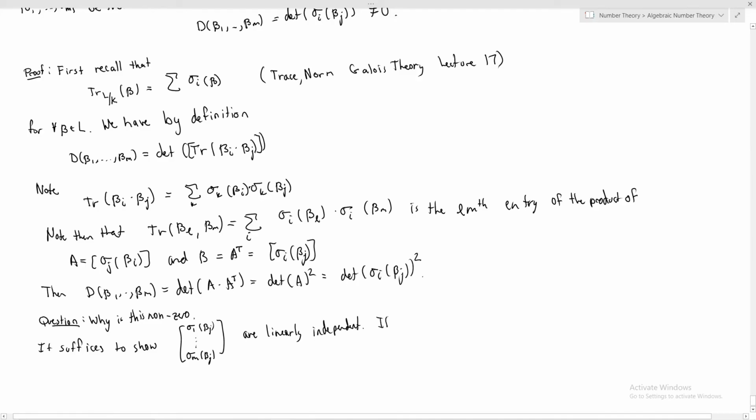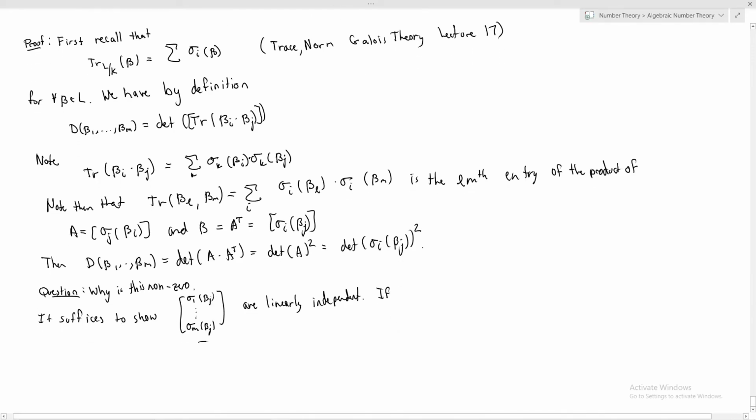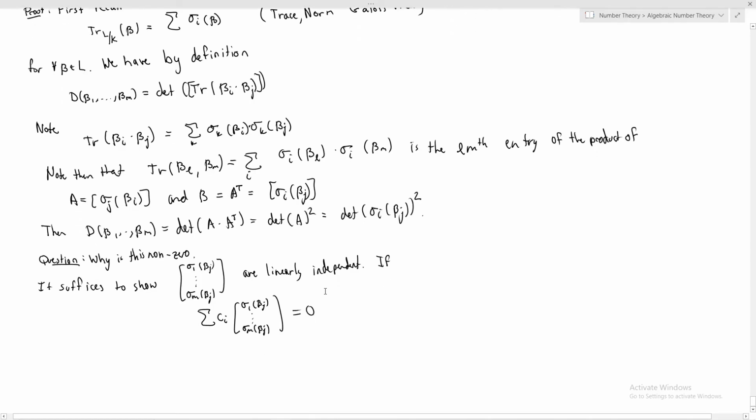Basically, if there's some linear combination which equals 0, let's add some c_i times sigma 1 beta j through sigma m beta j, and say this equals 0. Then, okay, I guess there are a couple different ways to view this.